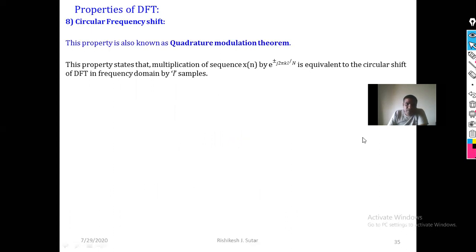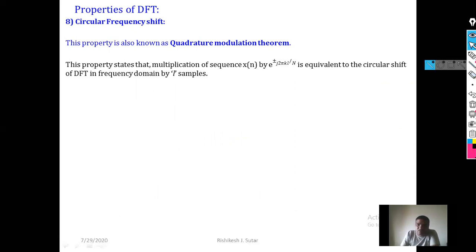So this property states that multiplication of x of n by e raised to plus or minus, means you will multiply x of n with any exponential component, phasor component, then it will result in the circular shift in the frequency domain by the corresponding samples. Okay. So the same thing I have just mentioned here.